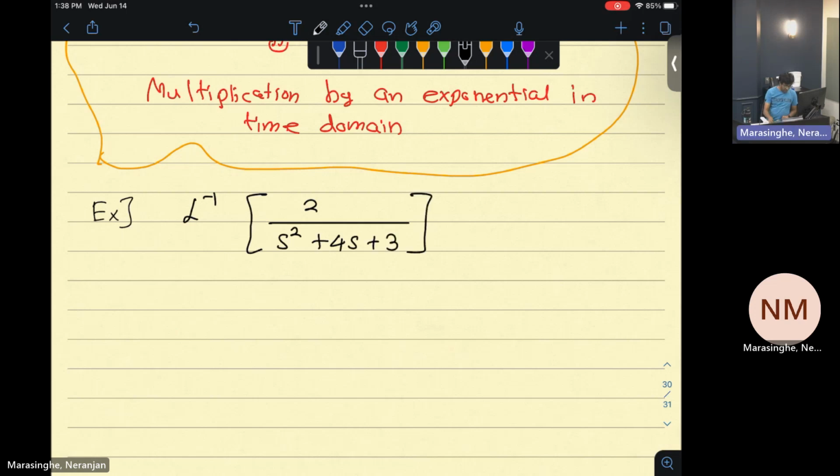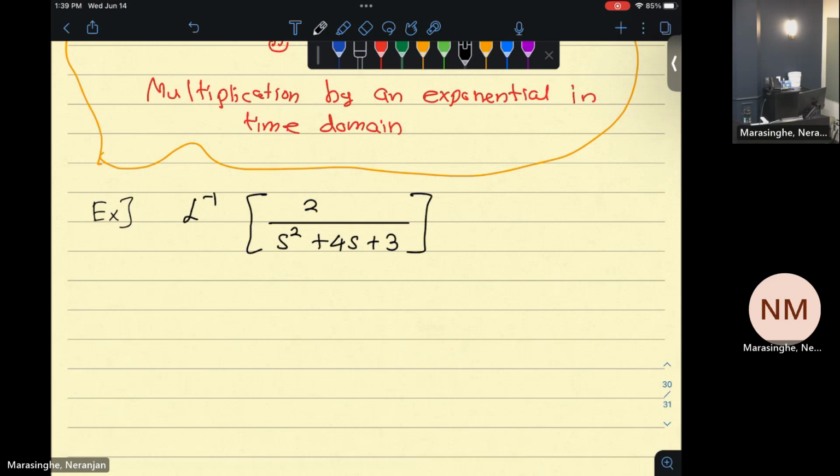Can you give a try for this problem? For this, you would need the Laplace transform of hyperbolic sine. The Laplace transform of hyperbolic sine t is equal to 1 divided by s square minus 1.